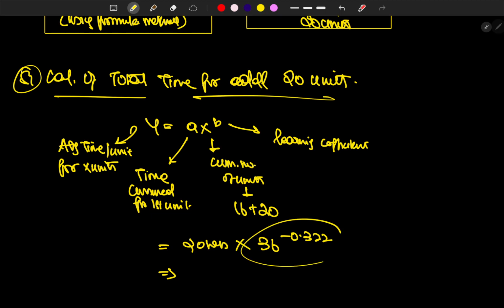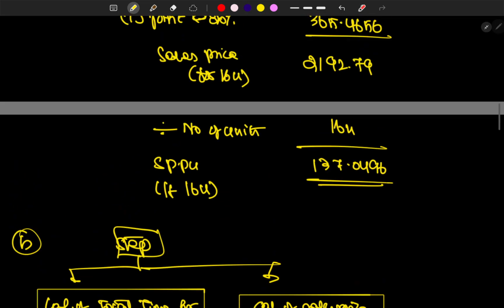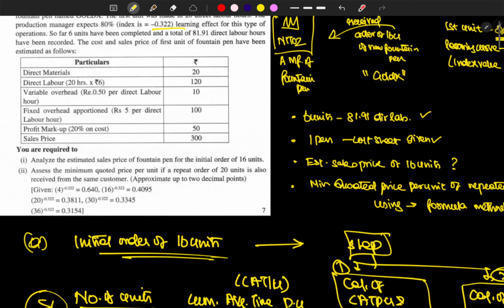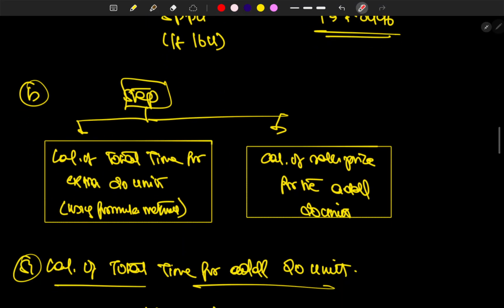And we can find the value for this figure in the question itself, which is 0.3154.